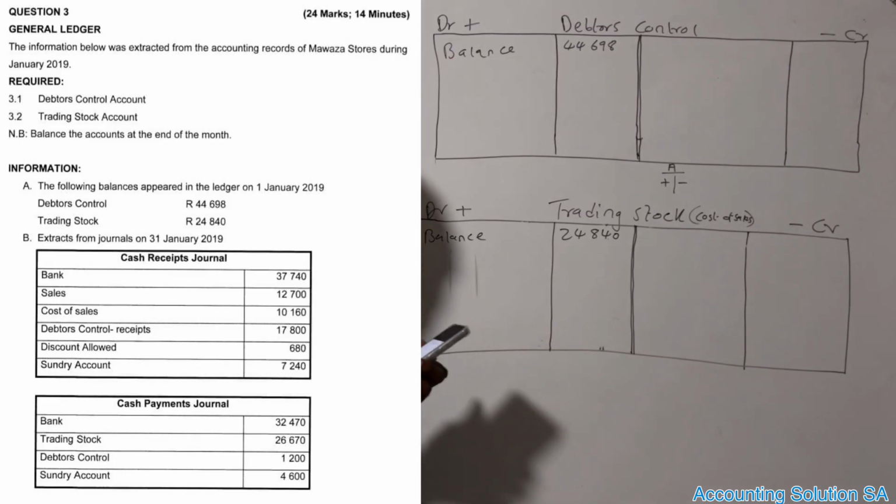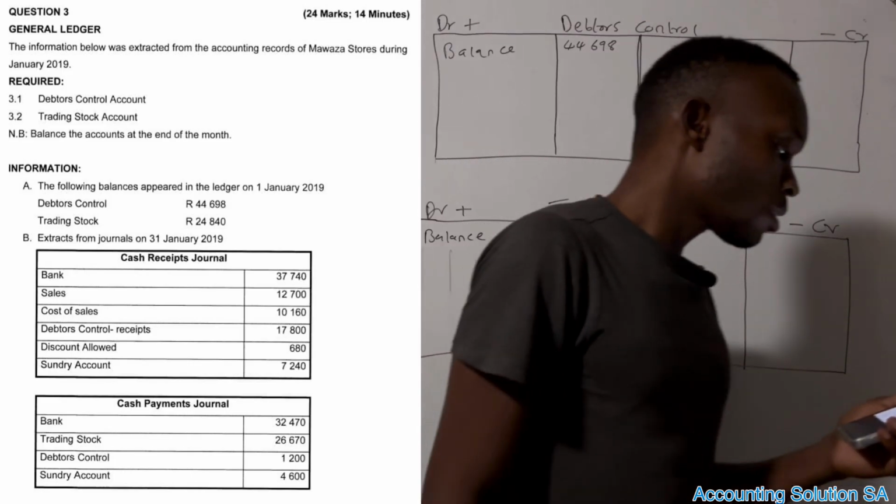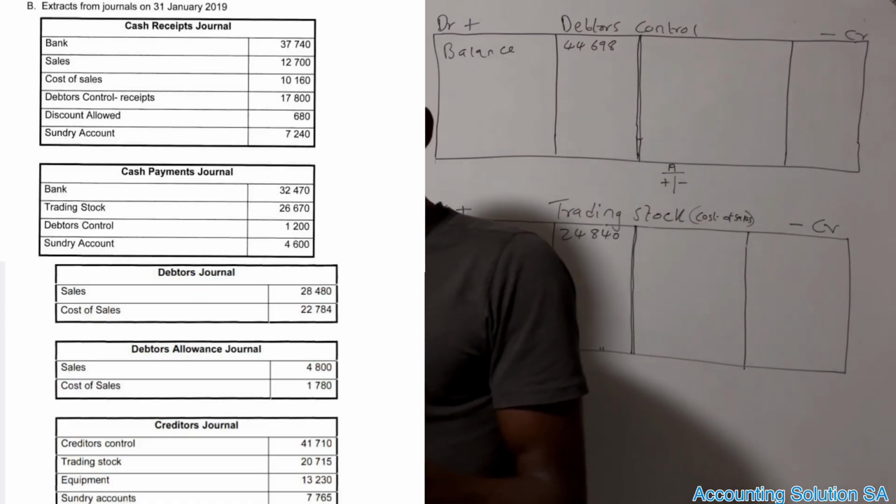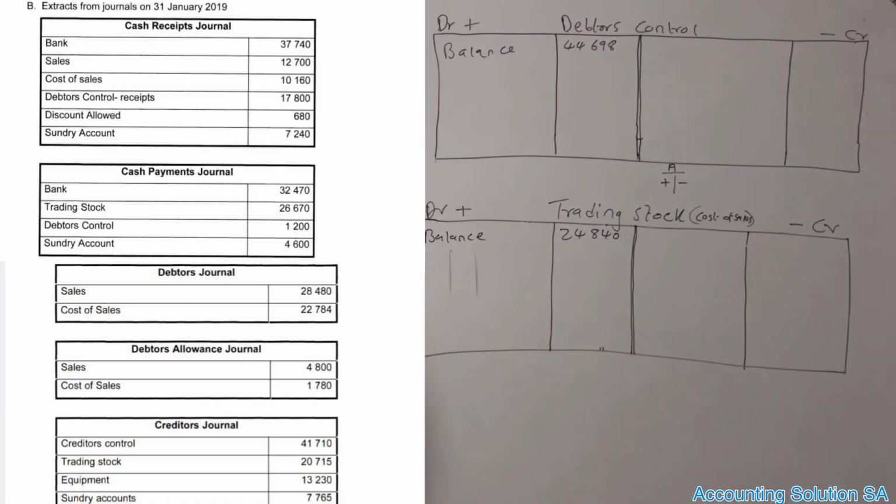Now let's check. We have the cash receipts journal and the cash payments journal, and the next ones we also have: debtors journal, debtors allowances journal, creditors journal, and creditors allowances journal. We're going to use the first four to draw this one. Let's first check under cash receipts.